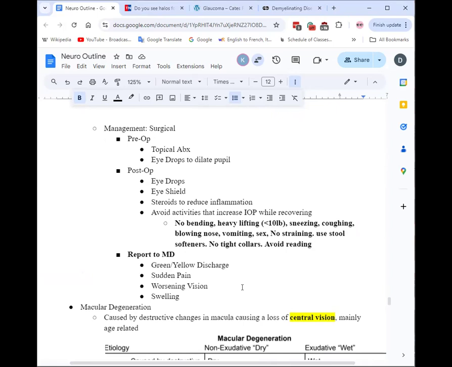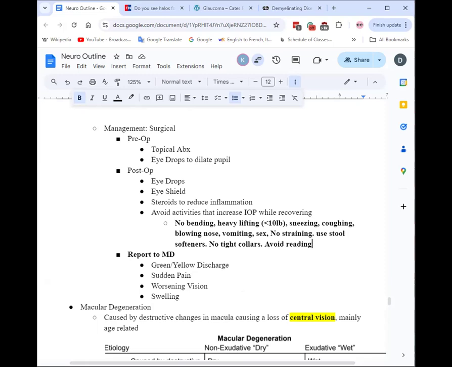So a tight collar can cause constriction there, and that has an effect on ICP and on your intraocular pressure, because that's where your biggest sources of blood flow back and forth from the heart come from. So I think that's the general idea behind it.